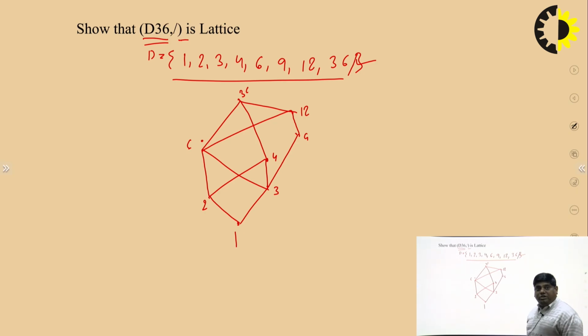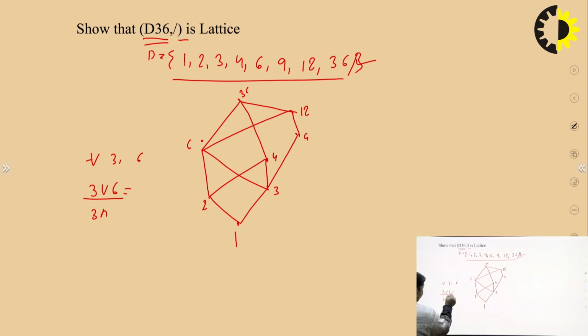Now, for every 2 elements, if join and meet are contained, then that structure is known as the lattice. Now, for 2 elements, we take randomly 3 and 6. What is the join? This is known as the join, and this is known as the meet.